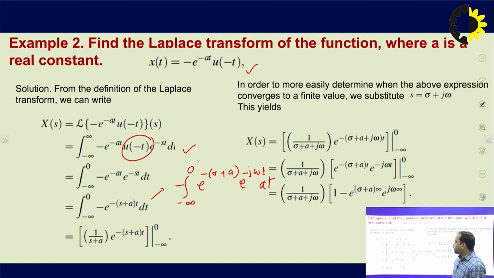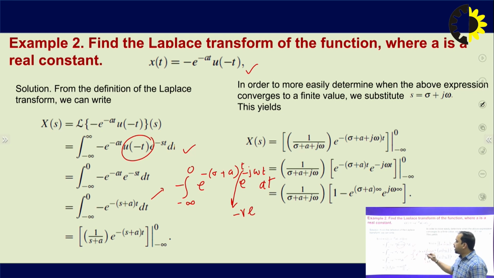Here we have t also, e raised to the minus sigma plus a t. Now, we want this transform to converge, but t is a negative quantity. So overall this is negative.